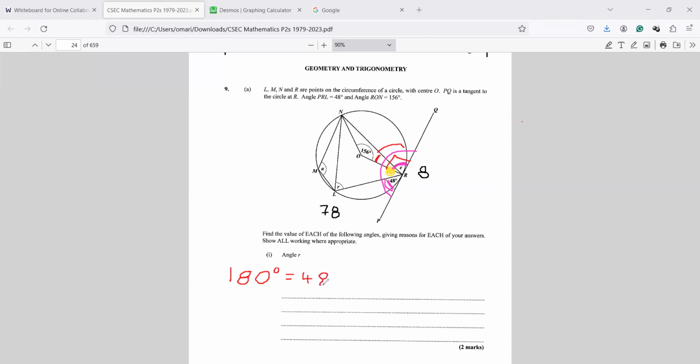My handwriting is a bit messy, so bear with me. And that gives us 54 degrees for LRN.